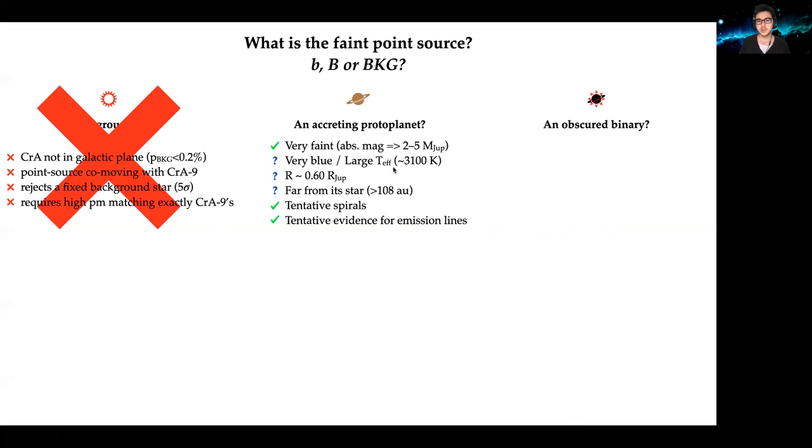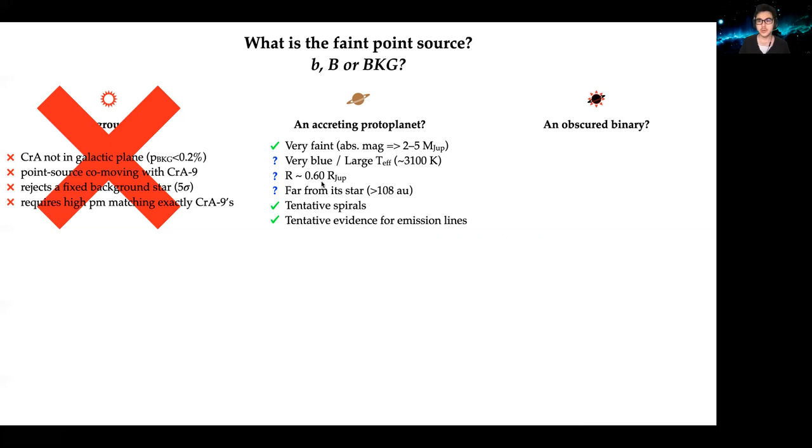However, the effective temperature we inferred appears a priori too large for what you'd expect for a planet. And the slope of the spectrum we infer is also relatively blue. Now the radius as well is not what you'd expect. It's actually about three times smaller than what you'd expect for a planet that young in this mass range.